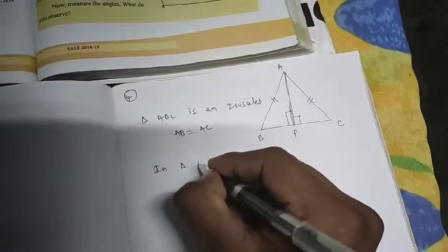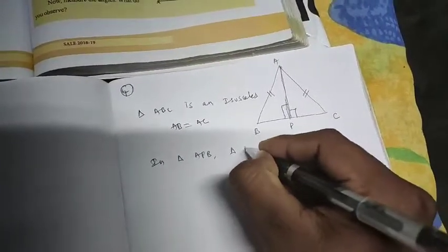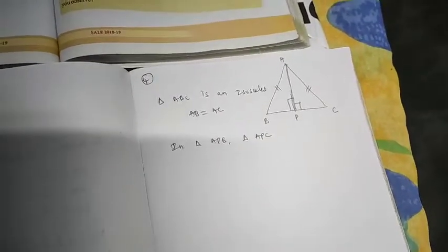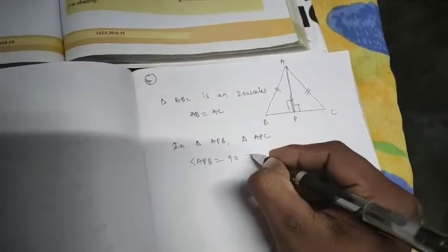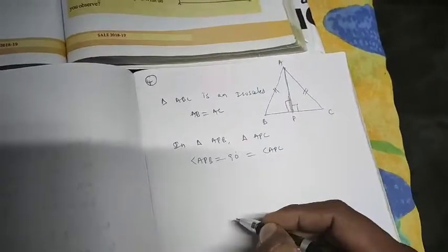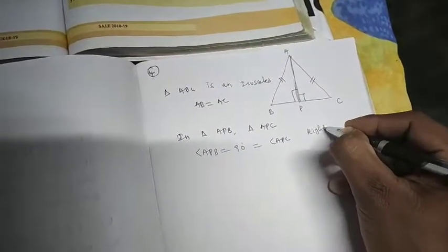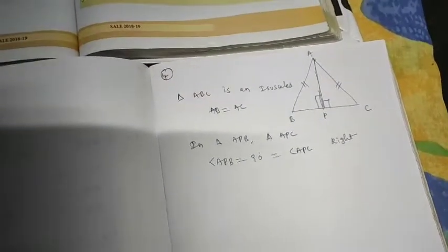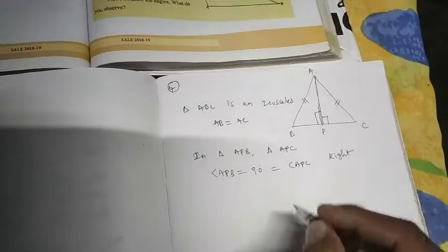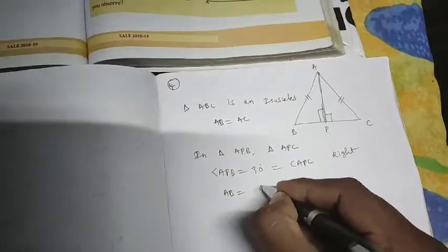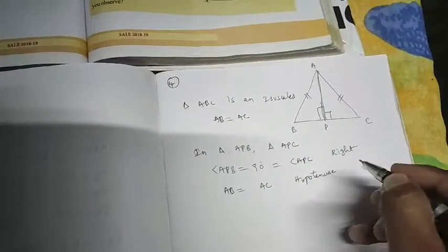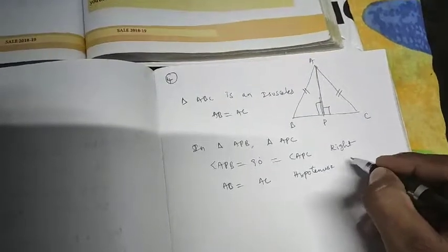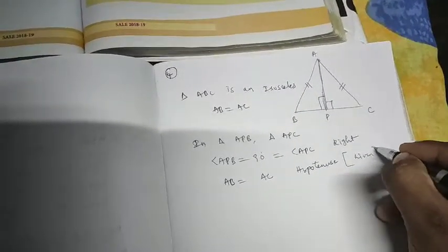Now in triangle APB and triangle APC, what will you get? Angle APB equals 90 degrees, which is equal to angle APC. So it is a right angle, and I'm going to use the RHS rule, because it's mentioned already. Next, AB is equal to AC.